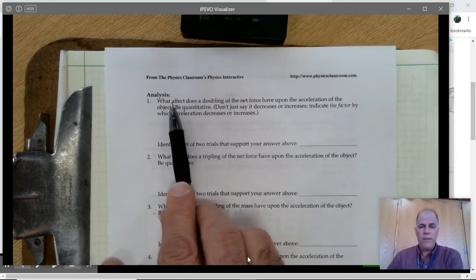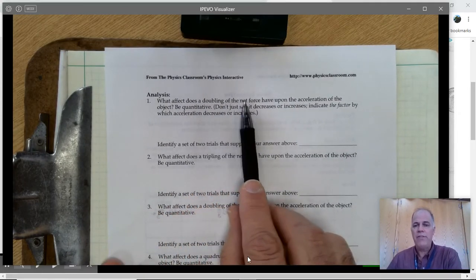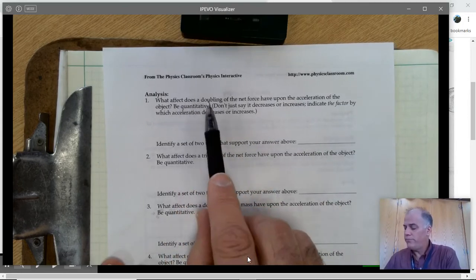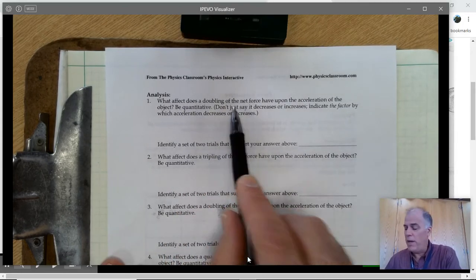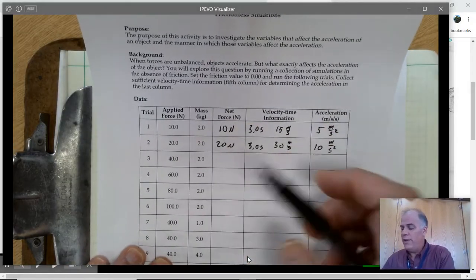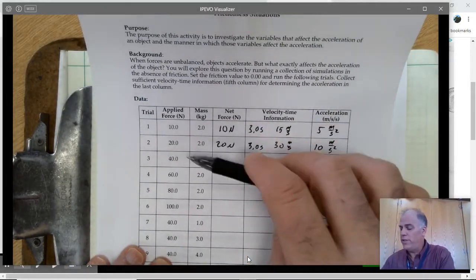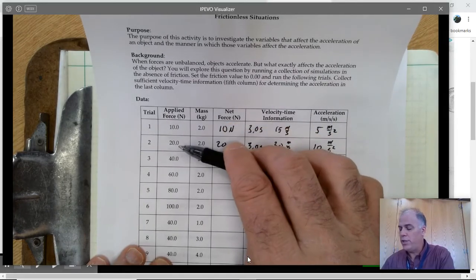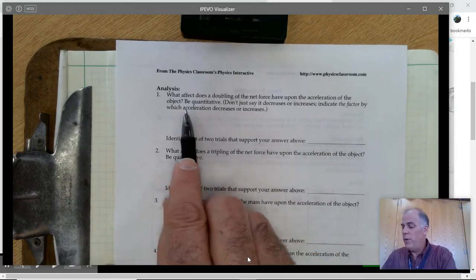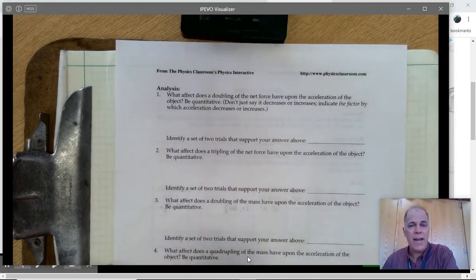And this, like the first one, asks: what does doubling of the net force have on the acceleration of the object? So you're going to keep the mass the same, and you want to find 2 of your data points from the front and see, okay, what happens when we double the force, like go from 10 to 20 without changing the mass? What is the result? And they want you to be quantitative, meaning actually use numbers.